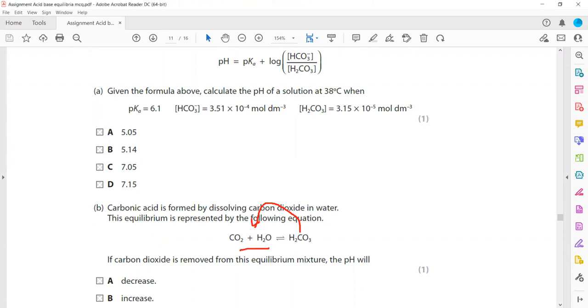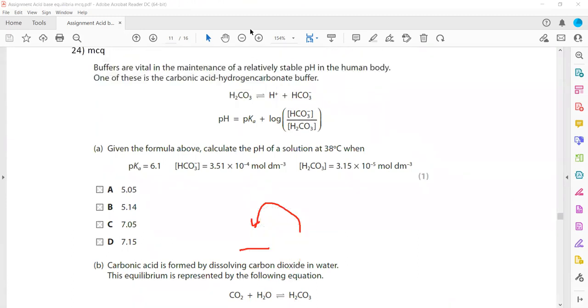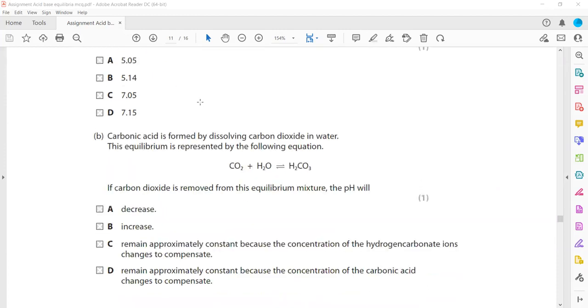As the amount of H2CO3 molecule decreases, because these H2CO3 molecules are responsible for giving protons, the hydrogen ion concentration will decrease. So if the hydrogen ion concentration decreases, what happens to the pH?